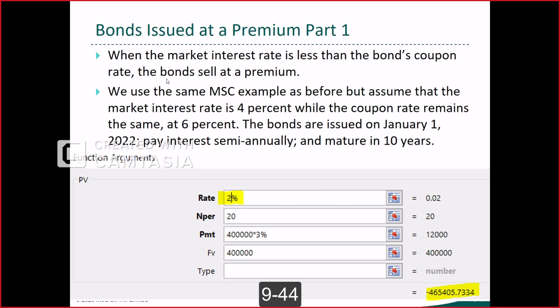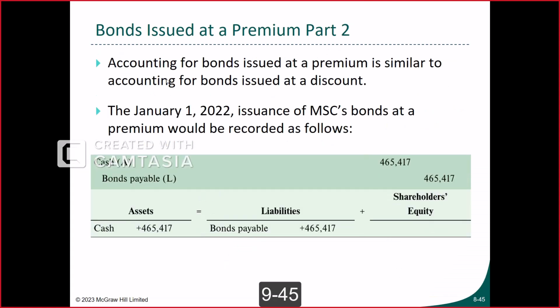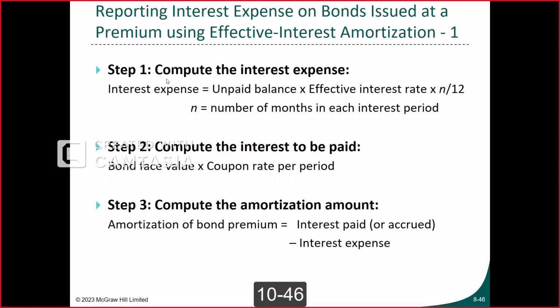Now, if the issuance is done at premium, we're going to start with the bonds payable liability higher than the maturity value, but still at the maturity day we will have to pay 400. So that carrying value will decrease progressively until at the day of the maturity, December 31st, 2031, it will reach $400,000 this way.